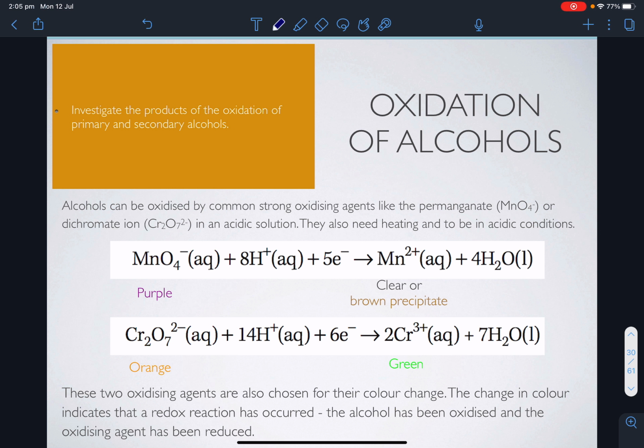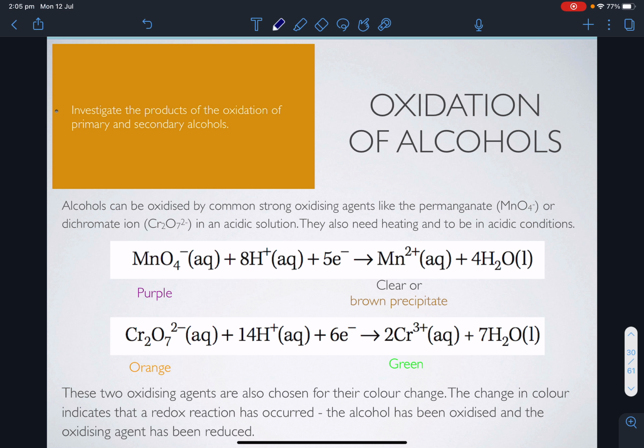In this first equation, we've got the permanganate ion, and it's being reduced. It's an oxidizing agent, so it's being reduced to Mn2+. Now we balanced it out. If you're unsure about how to do that, go back and revise balancing redox half equations.